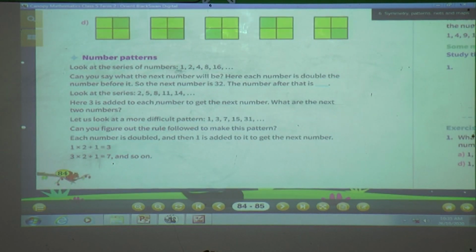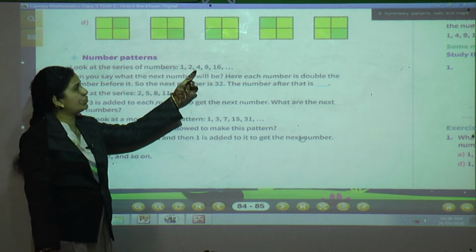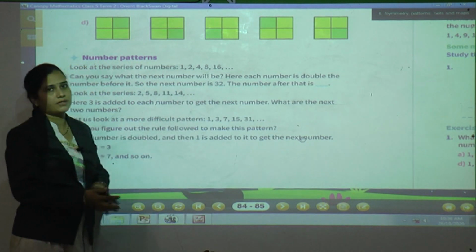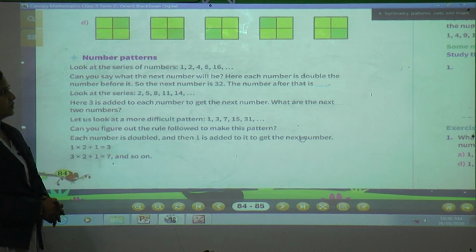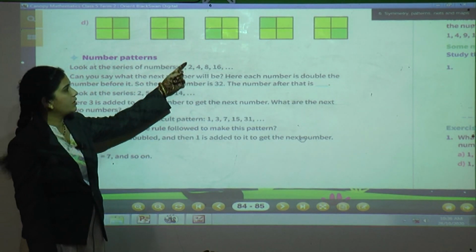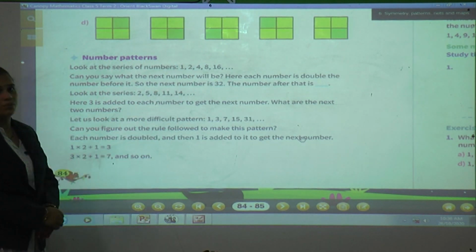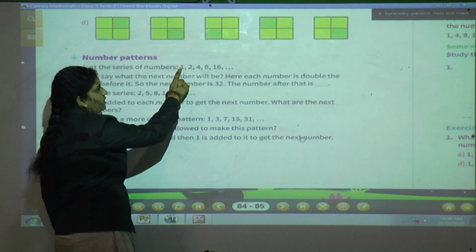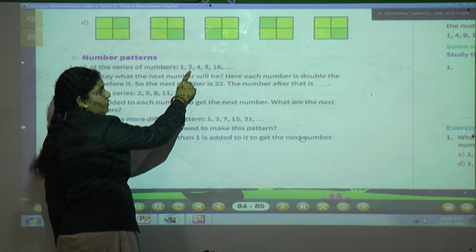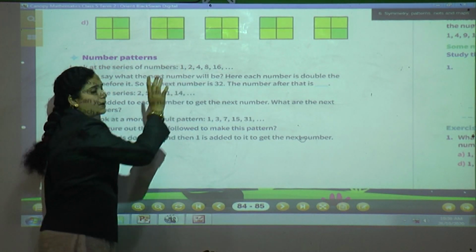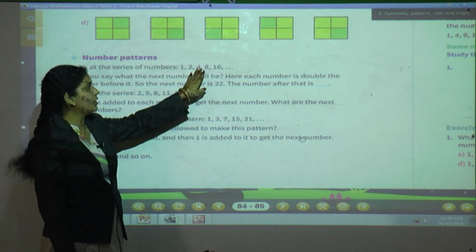Look at the series of numbers. Here 1, 2, 4, 8, 16. What do you observe, students? If you multiply 1 by 2, you will get the answer 2. If you multiply 2 by 2, you will get 4.